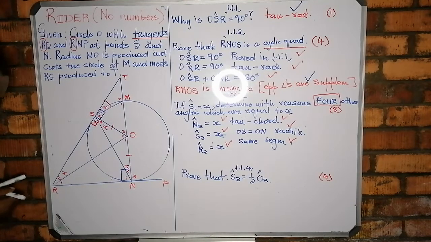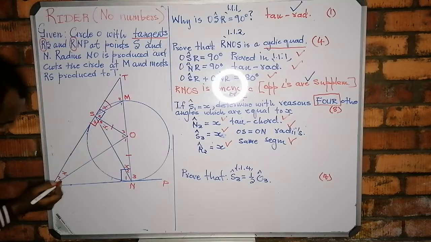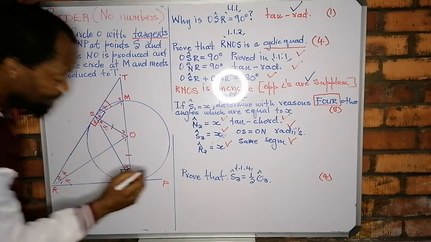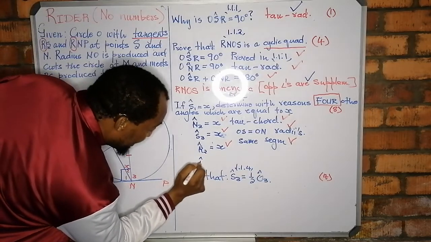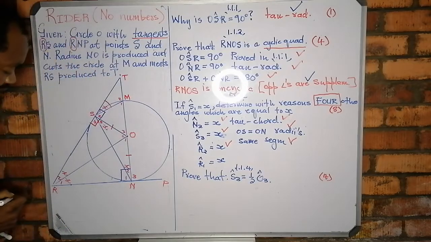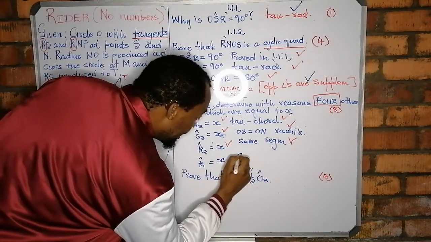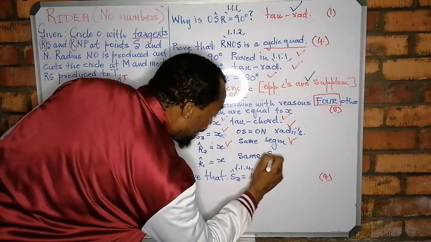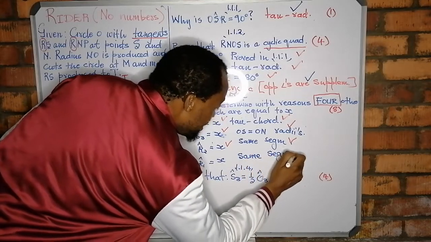Now, I can say that this angle is exactly the same as that. There we go. Angle R1 is equals to X. Why? Because they are subtended by the same chord.